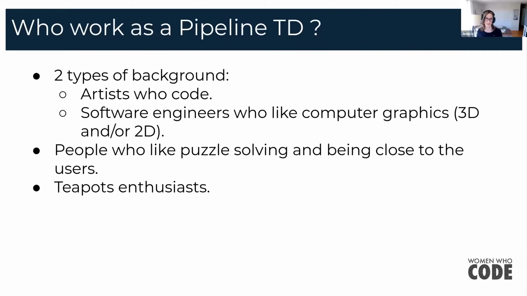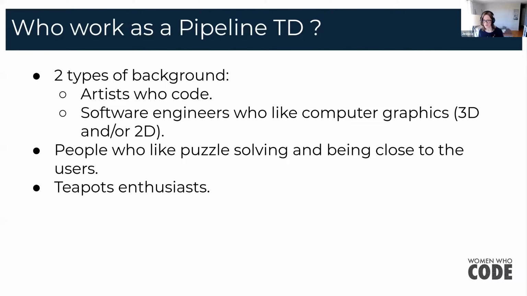So the next step is how we end up working as a pipeline TD. Over my career, I found that there were two main backgrounds, two main ways people end up working as a pipeline TD. The first one was people like me who were trained artists and started to code. For me, it was mostly laziness.